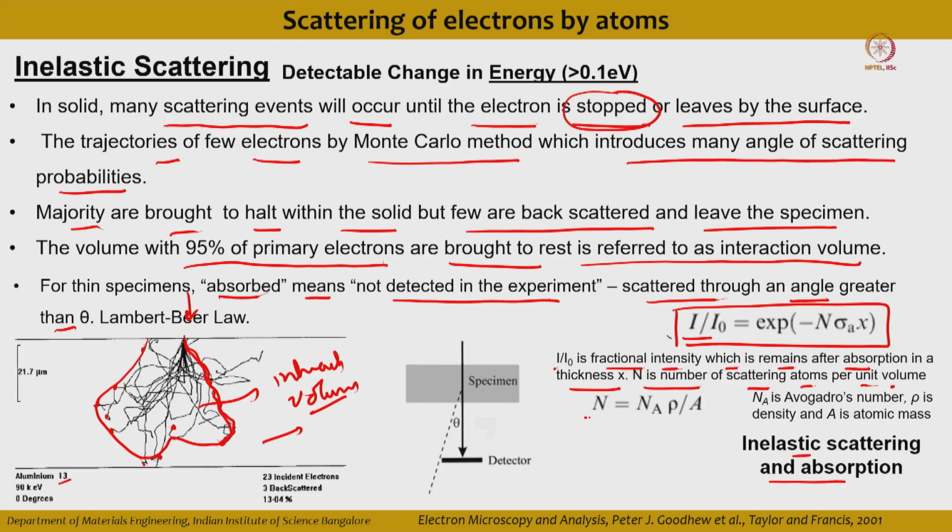This n can be given by Na rho by A, where Na is the Avogadro number, rho is the density, and A is the atomic mass. This way we can estimate the fractional intensity which remains after absorption in a thickness x.